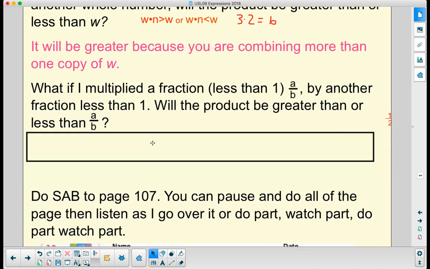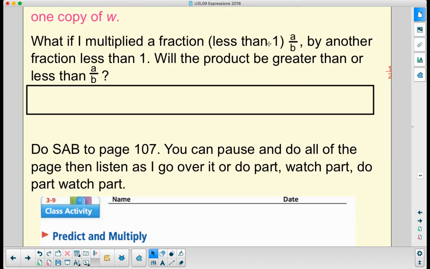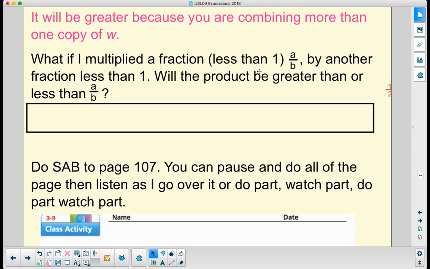If I multiplied a fraction less than 1, A/B, by another fraction less than 1, will the product be greater than or less than A/B? So I said this. Would 1/2 multiplied by a third be greater than 1/2? Or would it be, oh, I should have changed this to less than. I made a mistake there. So I'm thinking, is it greater or is it less than?